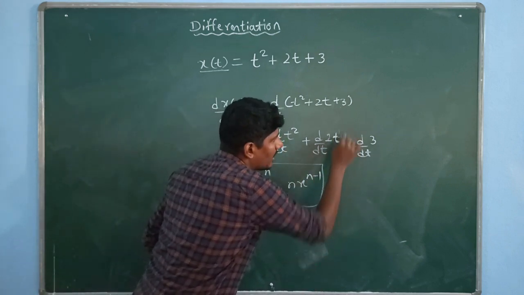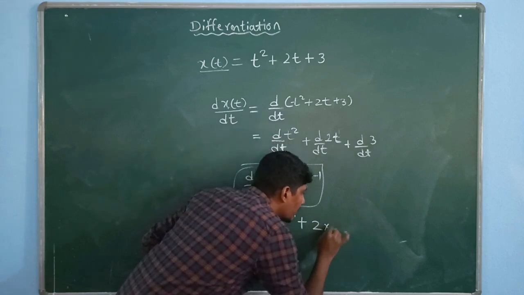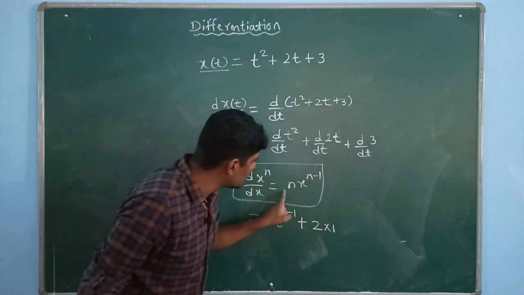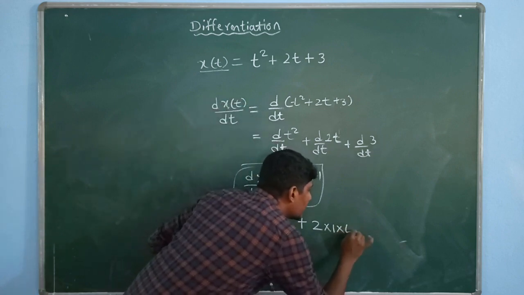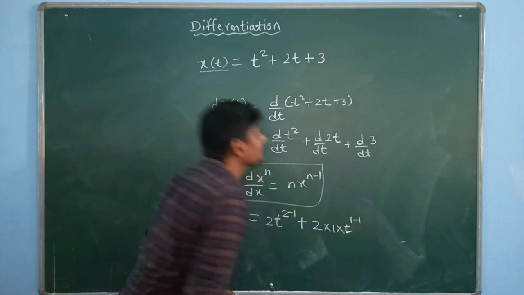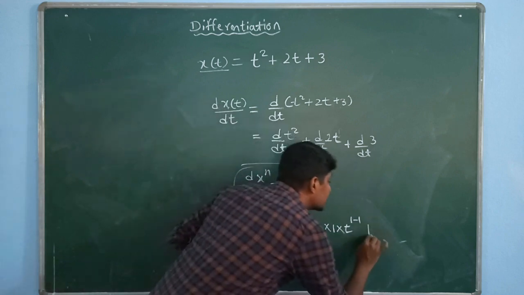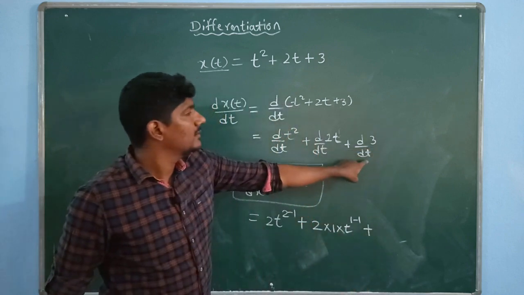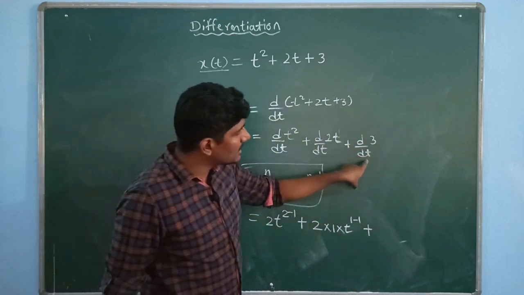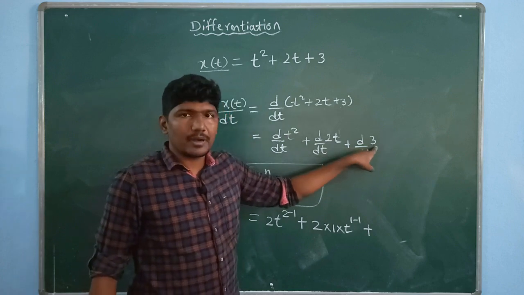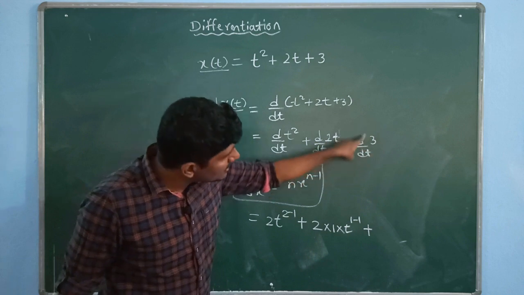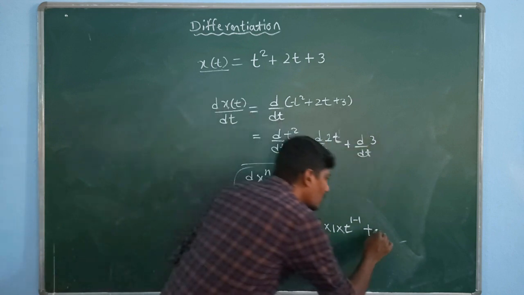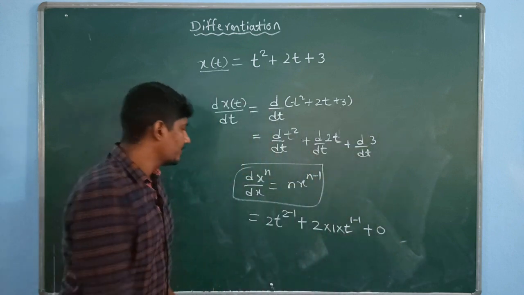This is power 1, so it is into 1, in place of n you write 1 into t raised to 1 minus 1. Plus here we have 3. Differentiation of 3 with respect to time. This is just a number, a constant value. So it is not going to change with respect to time. So differentiation of a constant value, as we know, is 0.